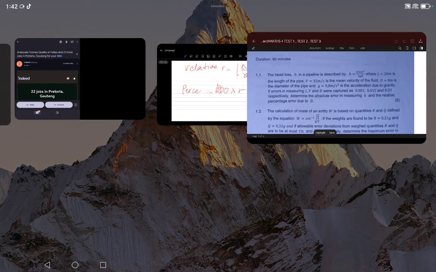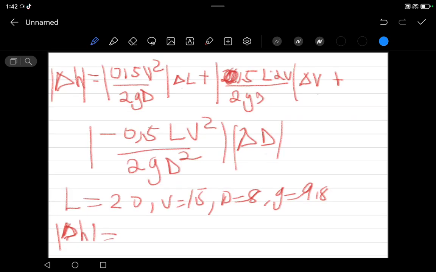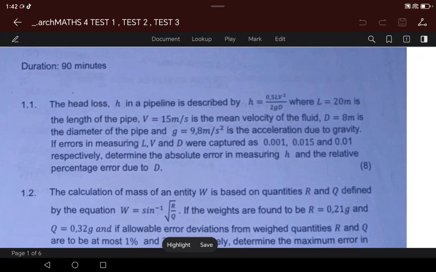You're just going to multiply this by 100. It's the same thing. So here we have the change in H, and they want us to determine the relative percentage error due to D.